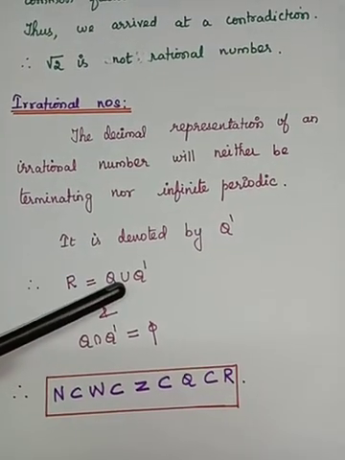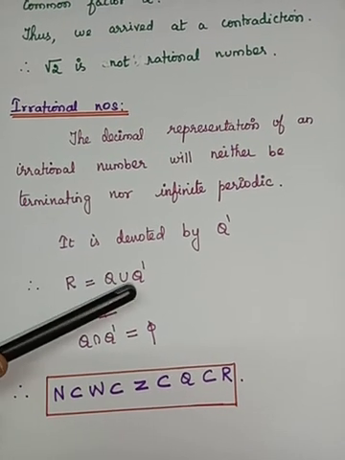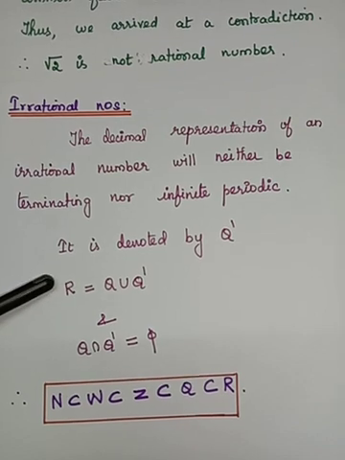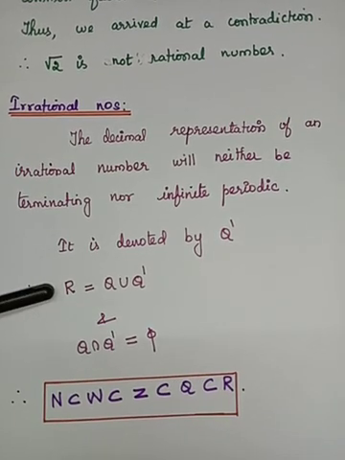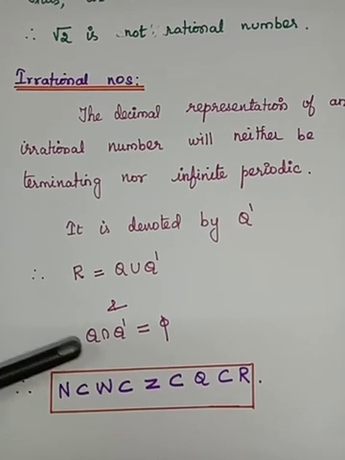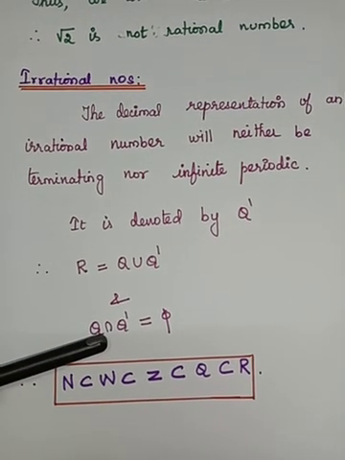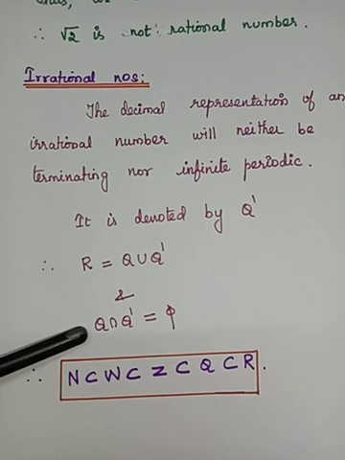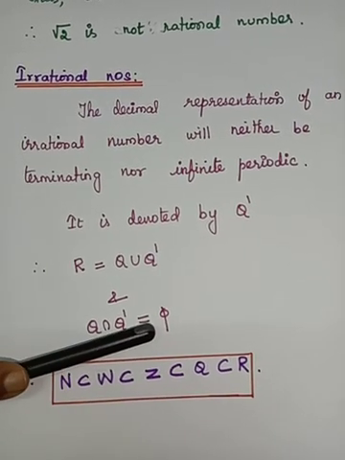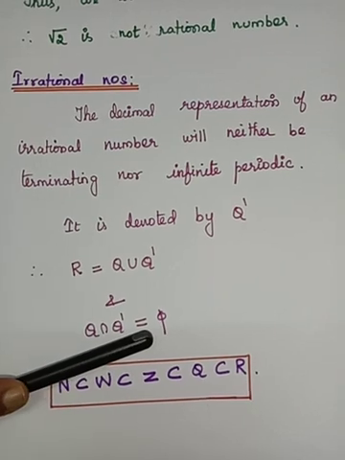So the union of rational numbers and irrational numbers is nothing but the real numbers. It is denoted by the letter R. And it's very clear that the intersection, the common part between the rational numbers and the irrational numbers, is phi, a null set. Okay.